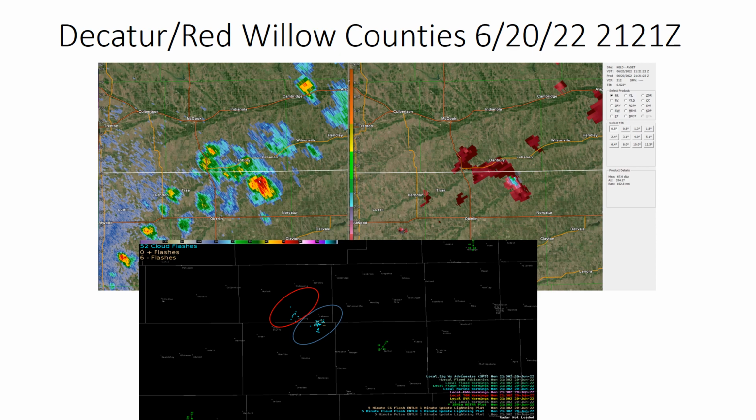And then I will have you address your attention to the next cell of interest. That's going to be developing in southern Red Willow County, and that is highlighted by the area in red, where you can see that there is a little bit of lightning beginning to occur with that specific cell.